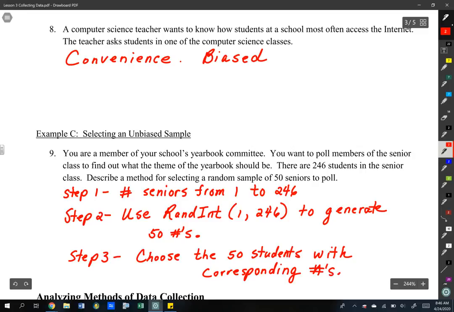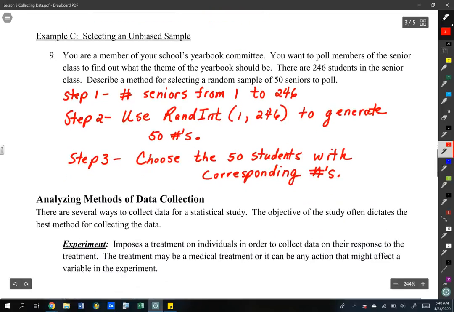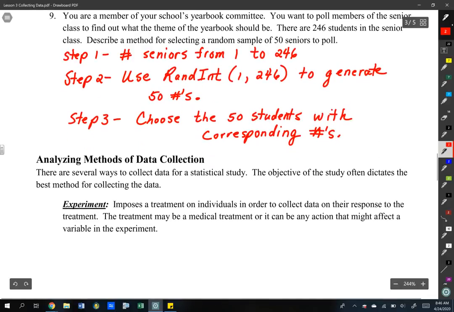Now, you could certainly do that with a computer program as well. You could do it by labeling little pieces of paper 1 to 246, putting them in a hat, and then randomly pulling 50 numbers. Lots of different ways to approach that, but just to give you a sense for what we mean by an unbiased sample.